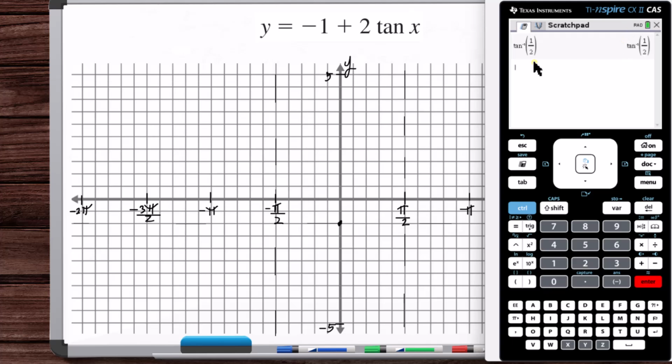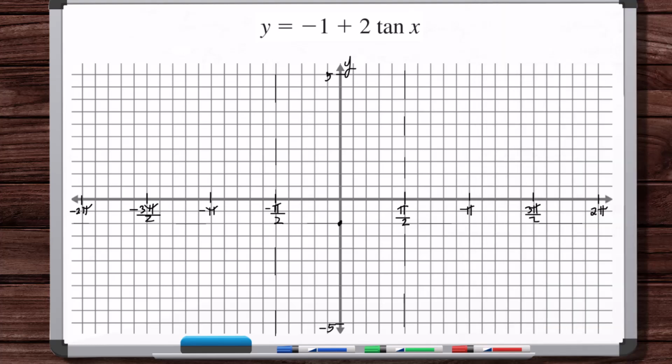Or no, let's see. Tangent of pi over 4 is 1. So it should be. Oh, no, because we scaled it, it changes things. At pi over 4, you get minus 1 plus 2, which is positive 1, because it's been scaled up. Typically pi over 4 would be the x-intercept without the scaling. But we scaled it up, so we're at 1 here.